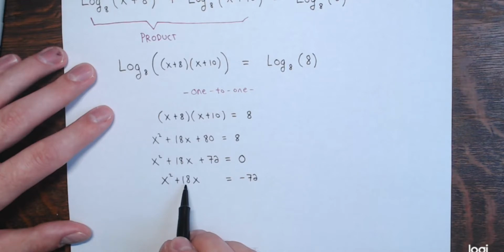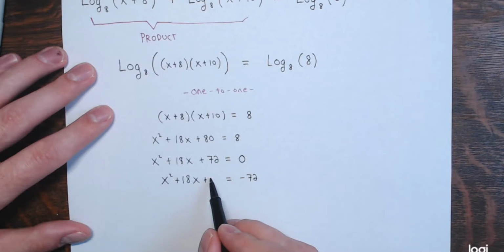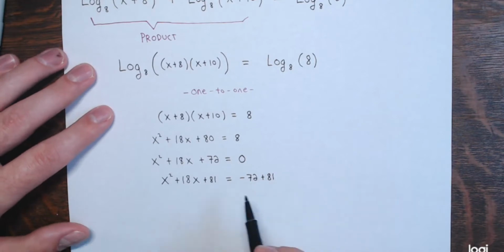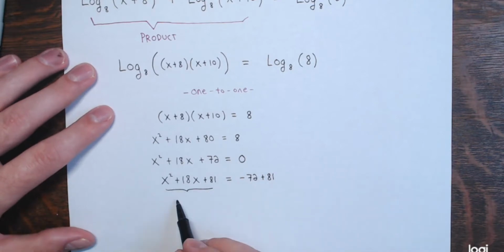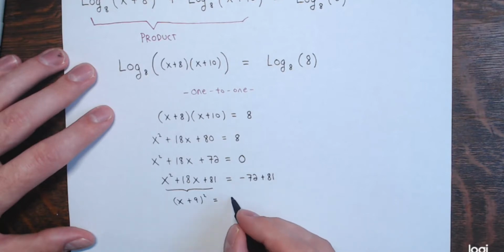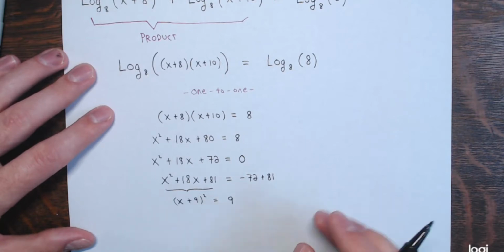You take half the linear coefficient, which is 9, and then square it, and that gets added to both sides. 9 squared is 81. I add 81. Alright, and then this is (x plus 9) squared, and then this side is 9. So this was factorable.